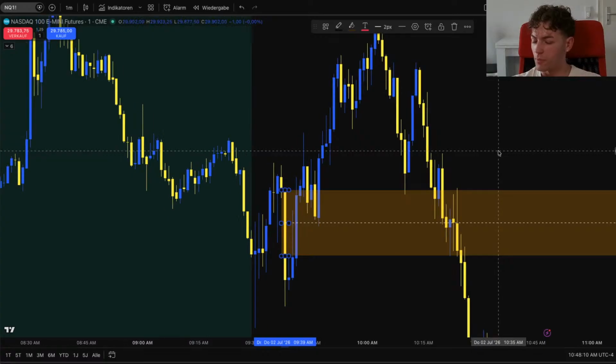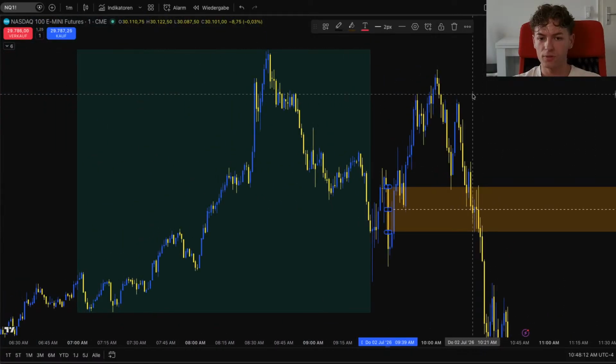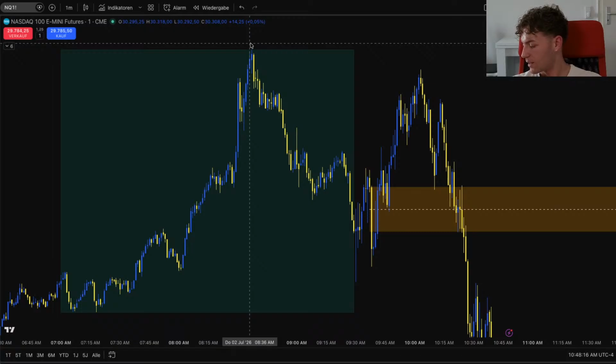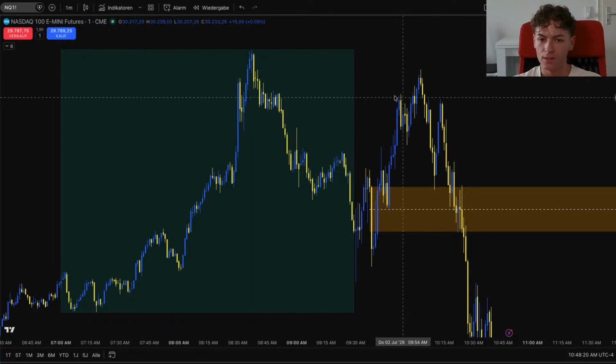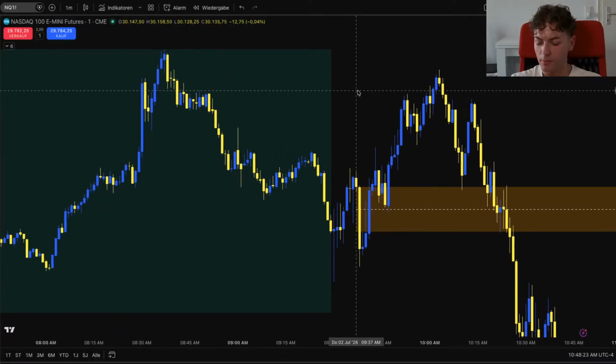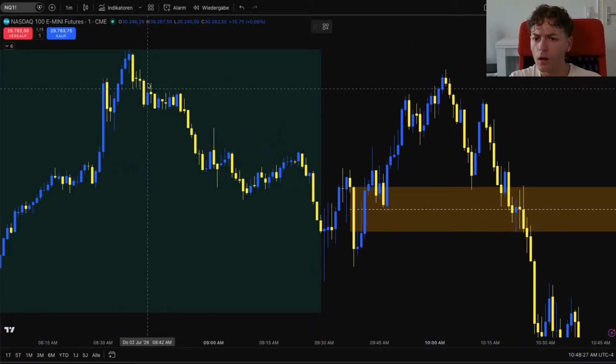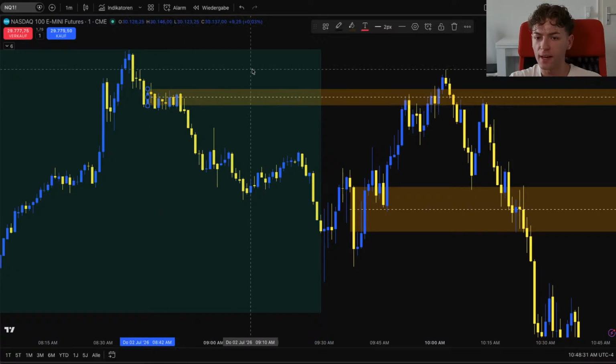I mean, that was a beautiful market maker sell model, but I was expecting it to take out this high first. That's why I didn't participate in it. So it didn't give me that. Bro, give me a second. ICT just annotated this candle.